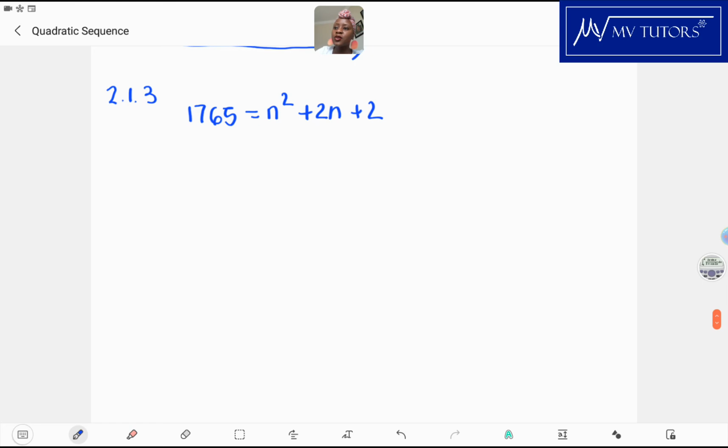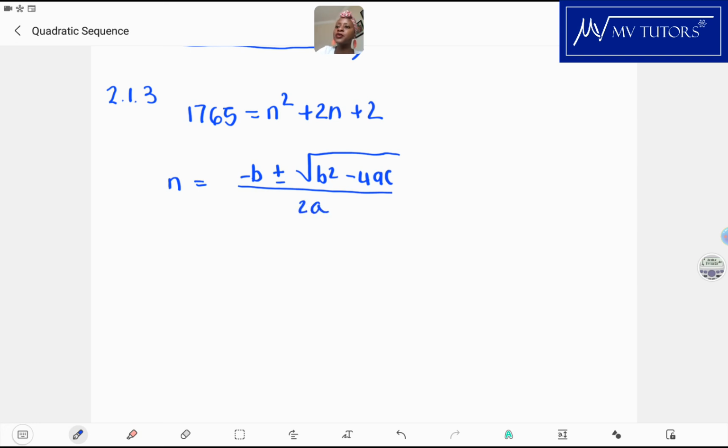So I'm looking for n, which is equal to minus b plus minus the square root of b squared minus 4ac, all over 2a.